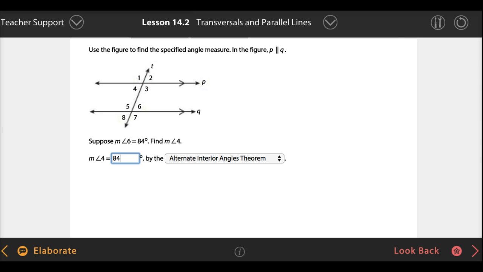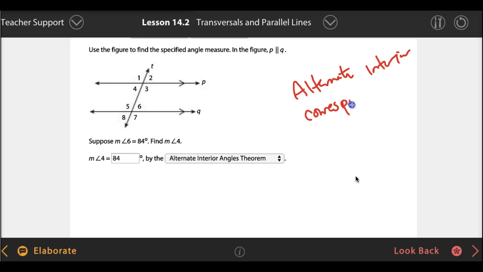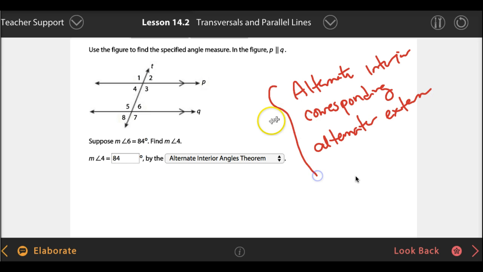Let's remember alternate interior angles and corresponding angles. What else was there? Alternate exterior angles. These all measure the same, okay? And then what are supplementary? Which angles add up to 180 degrees?